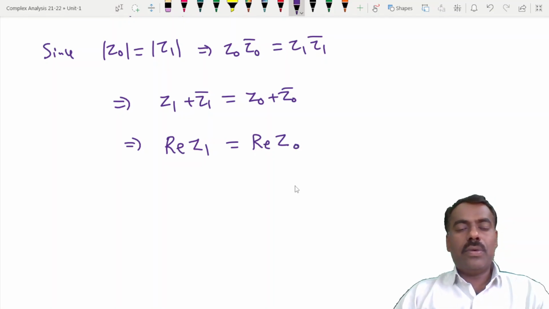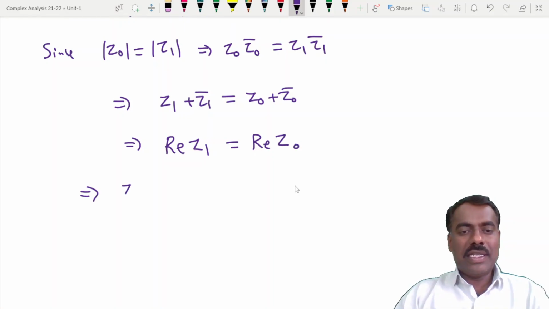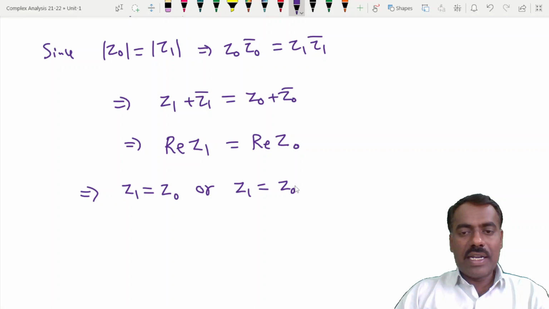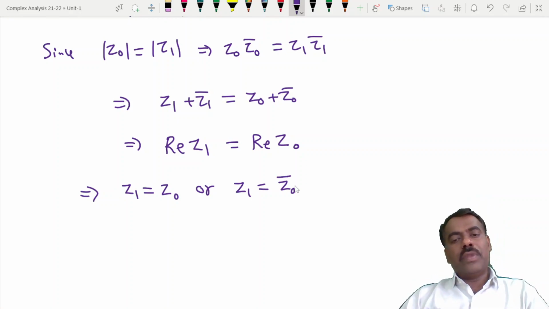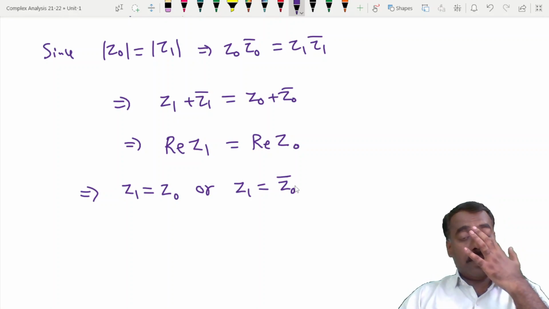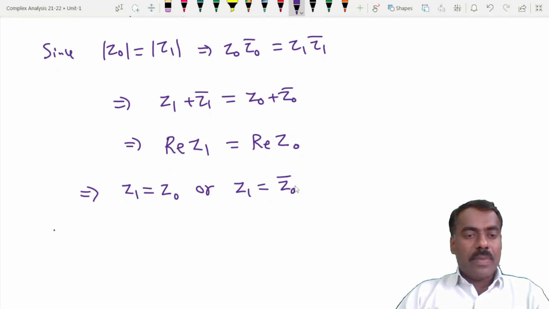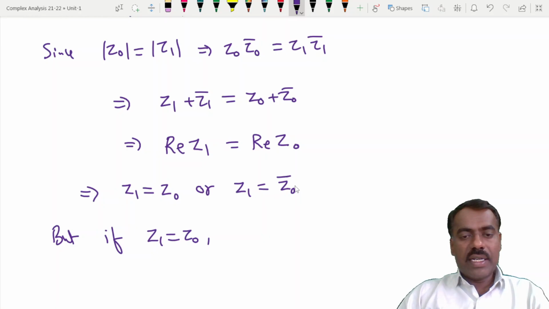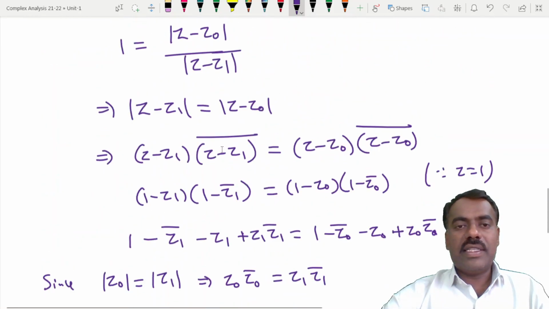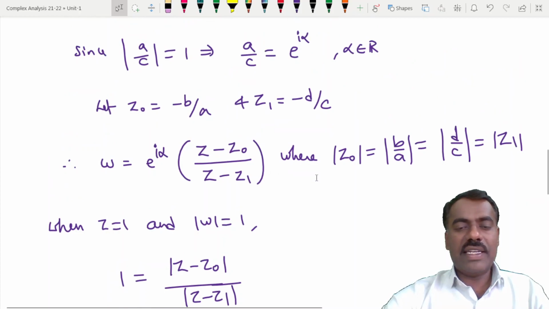So what are the possibilities? Either Z1 is equal to Z0 or Z1 is the same as Z0 bar, because if they are different, we don't have this. But you can easily see that if Z1 is equal to Z0, then w is equal to e power i alpha, because the term we have here will get cancelled.